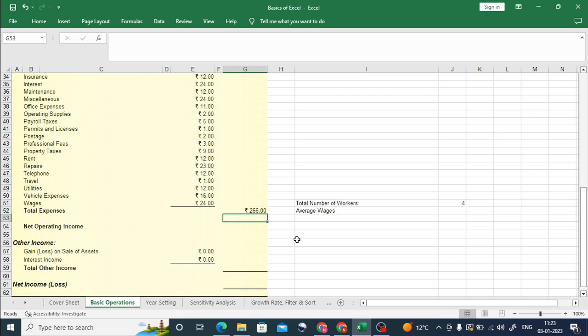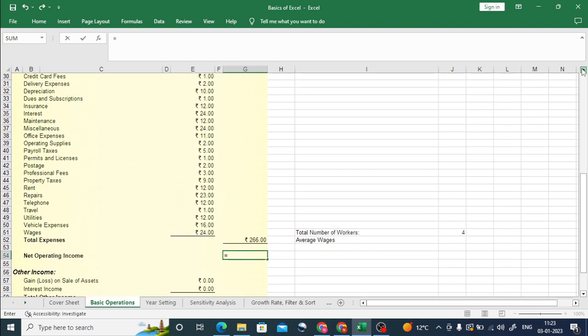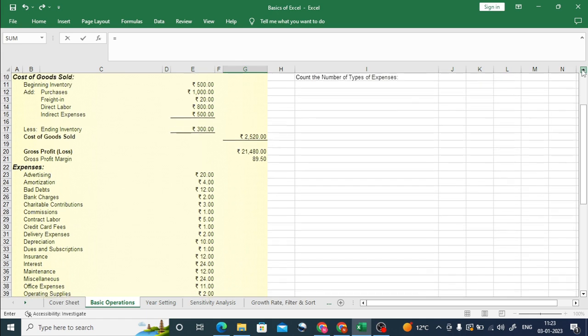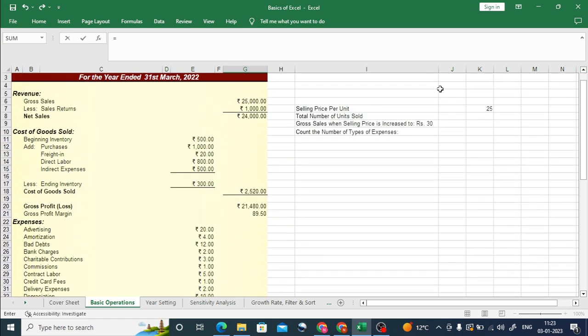Next, we have to calculate net operating income. Net operating income being net sales minus COGS minus total expenses. So we can calculate it. We first of all have to select net sales.